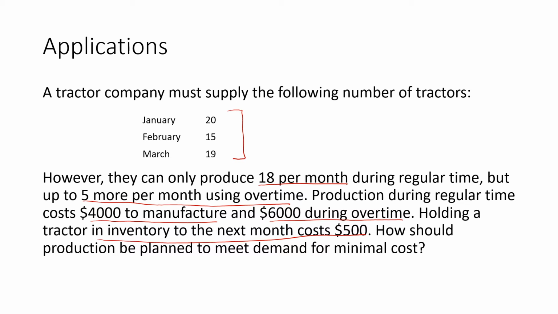So for January, we need to produce a certain number of tractors. Now the question is, is it better to produce things in January in overtime and carry things over, or to produce them in February in a different way? If overtime is needed for some of it, how is that calculated in, and what's the best way of doing it when there's a penalty for carrying things over? So let's look at the problem.